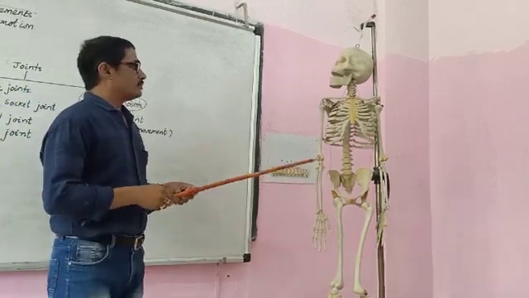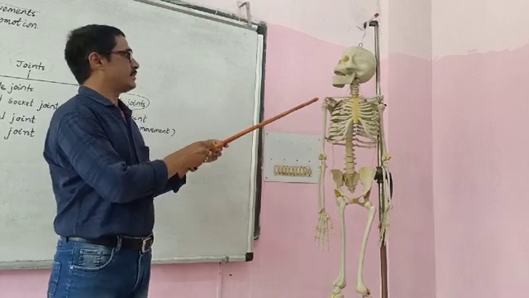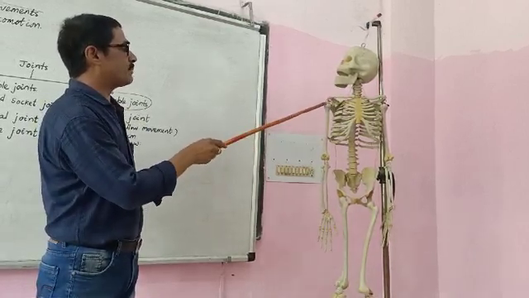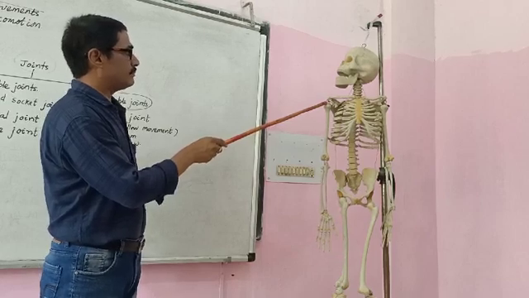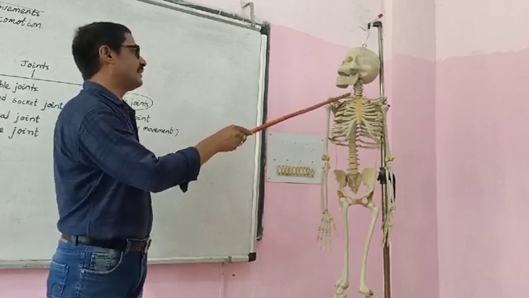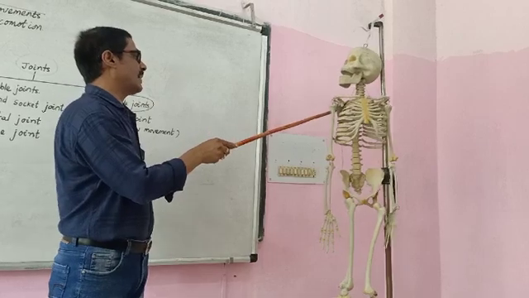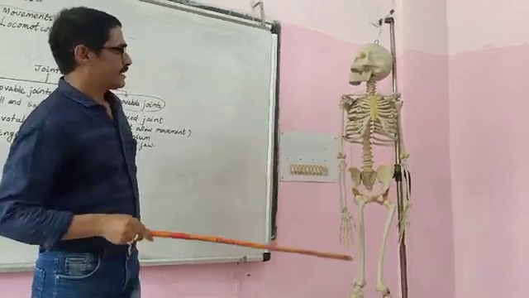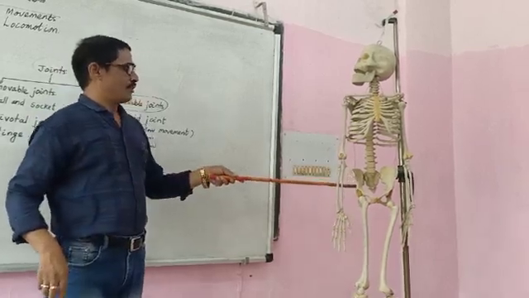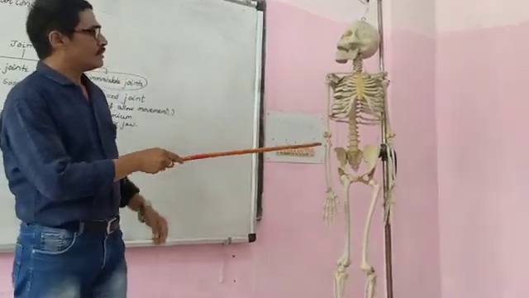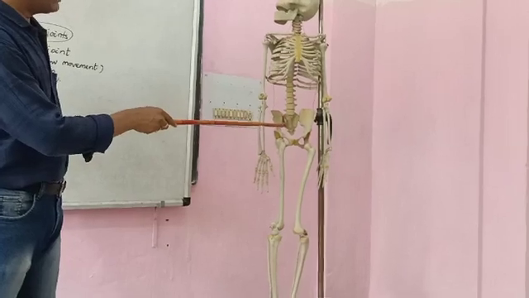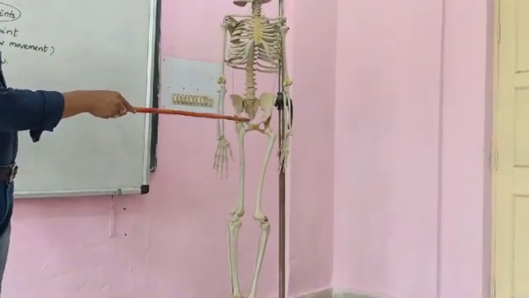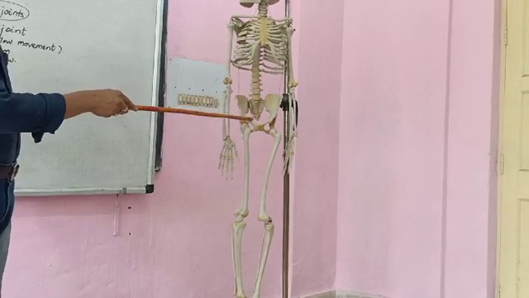Then come to the shoulder joints. The shoulder consists of one end part of the arm, the clavicle, and the shoulder blade at the back side of the shoulder. Similarly, the pelvic bone is the part of the body which encloses below the stomach. This is the part where you sit.